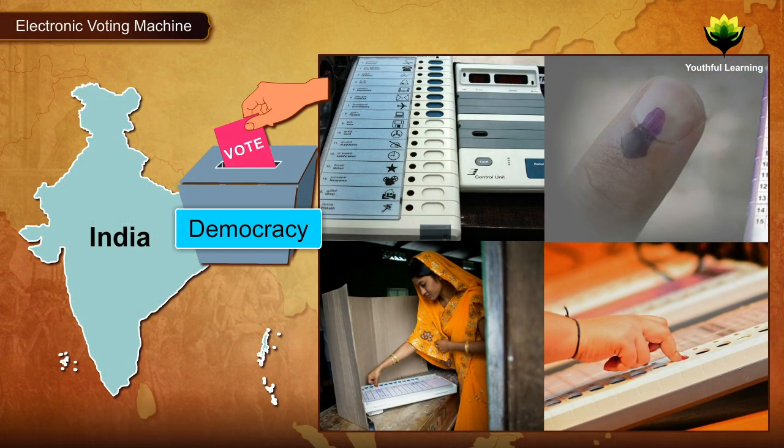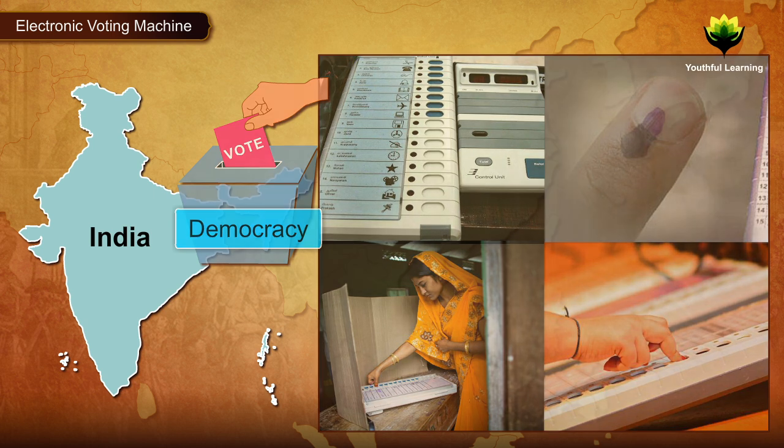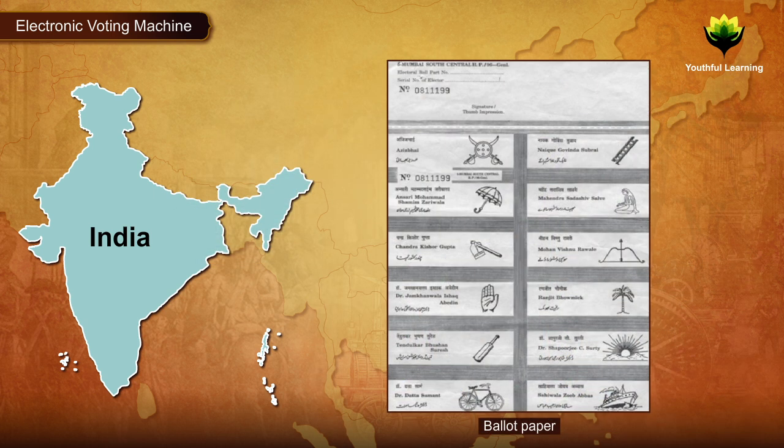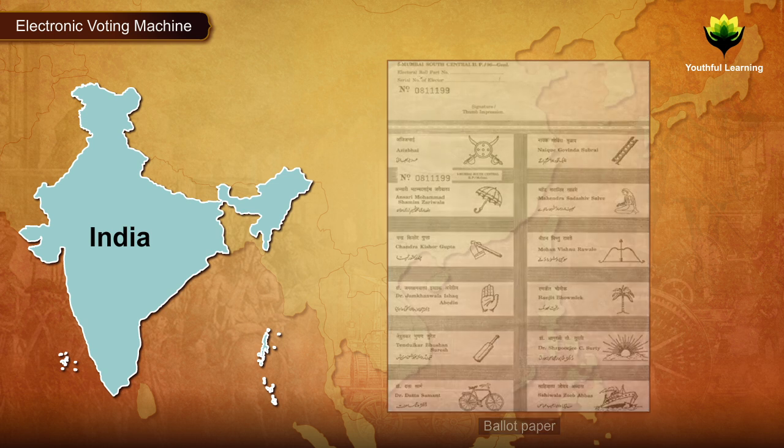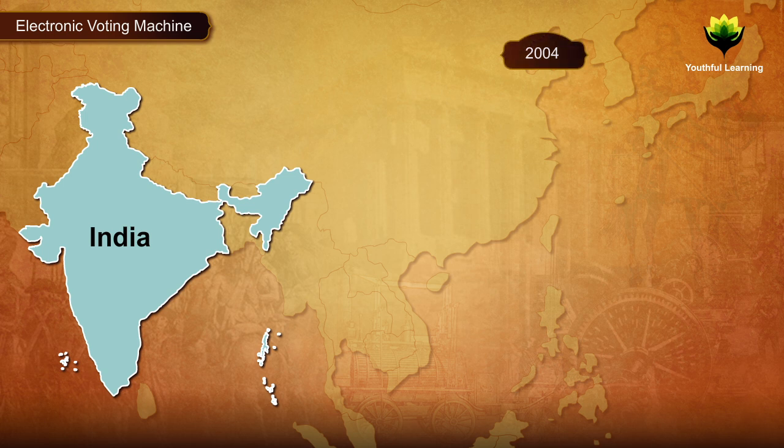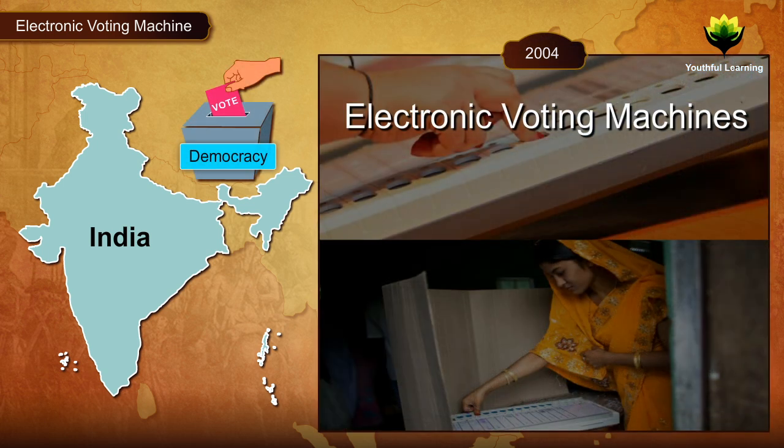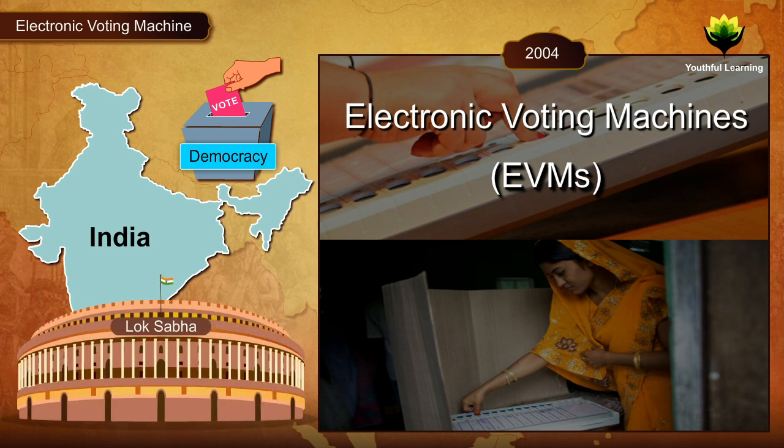Electronic voting machine. Previously, people in India would cast their vote through ballot paper which had the names of the candidates printed on it. However, since 2004, the use of electronic voting machines or EVMs was initiated for Lok Sabha elections.